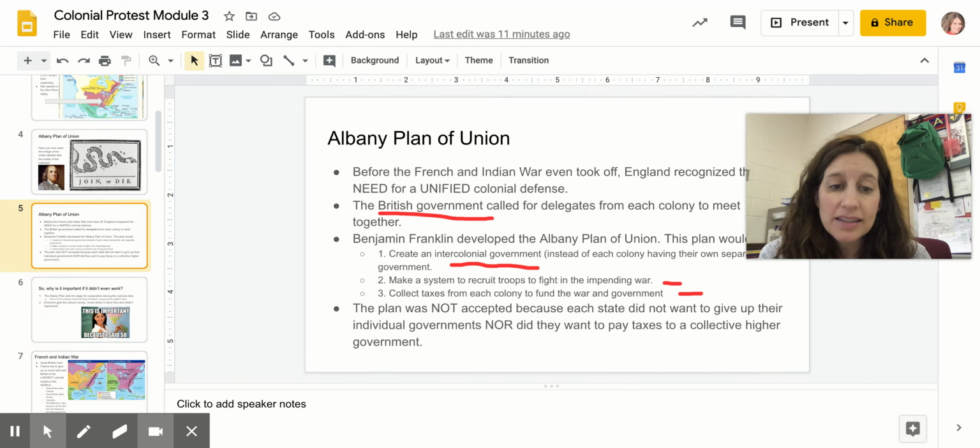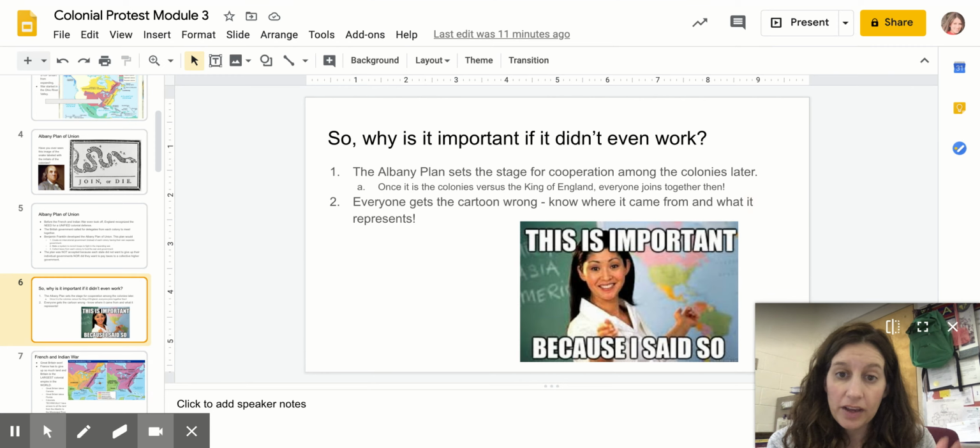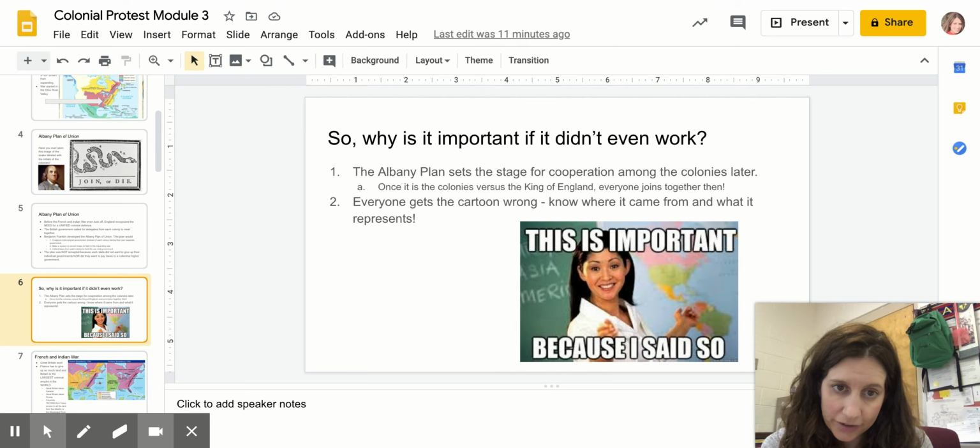This is not accepted by the colonies because they do not want to have a higher government power. They want to have their local colonial governments, and they also don't want to pay taxes to a colonial government. So it fails. The only reason we still talk about it is that it sets the stage for cooperation among all of the colonies later.